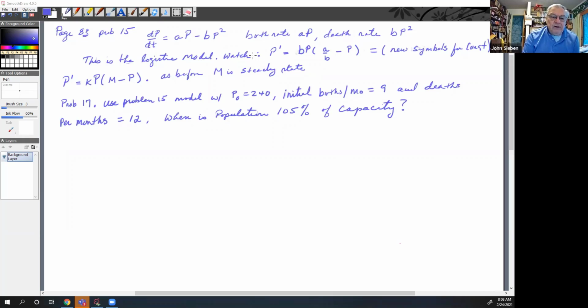And a real population, if it collapses to zero, that can happen, but then there's nothing to study. And infinite growth is not possible because you run out of resources.